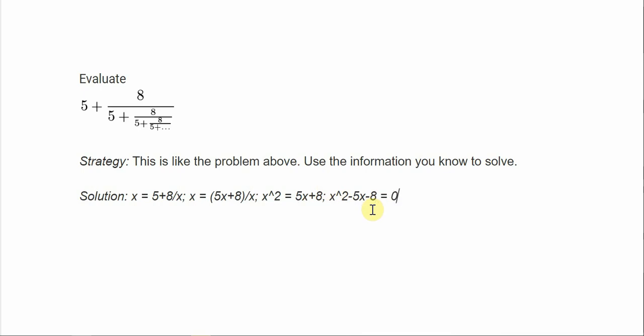The answer you'll get is 5 over 2 plus root of 57 divided by 2. Okay, I'll try writing that down. Root of 57. Not bad.